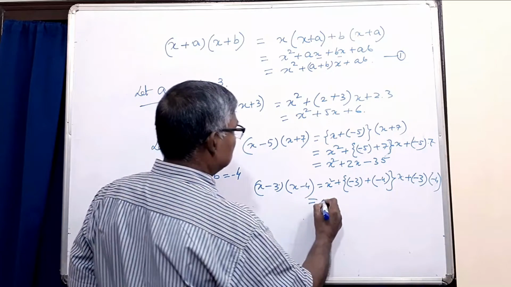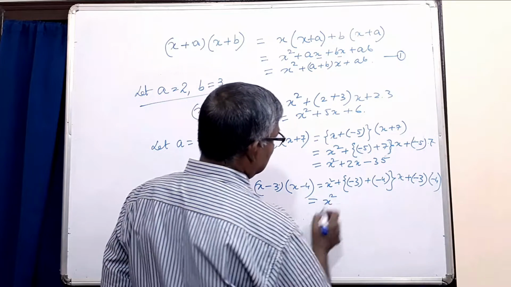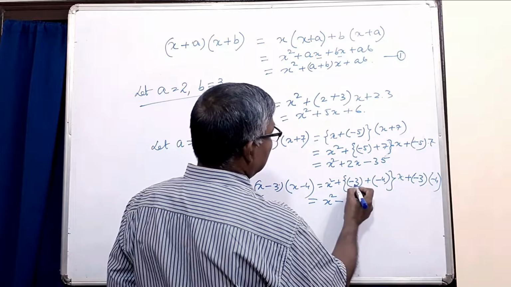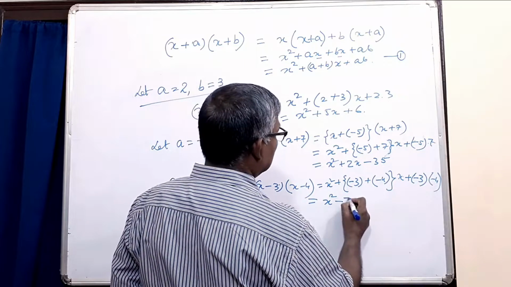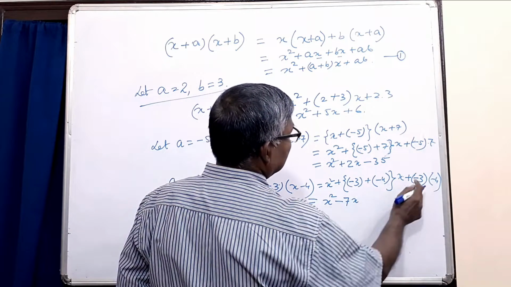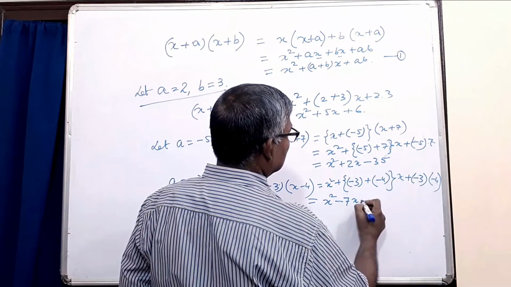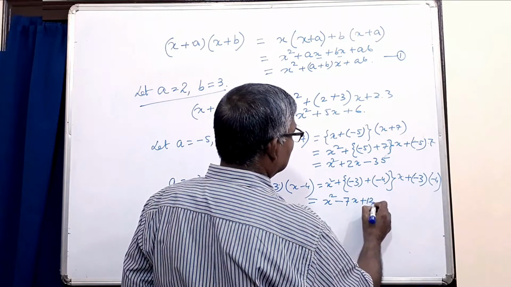So here, x square, minus 3 plus minus 4 means minus 7x. Here minus 3 into minus 4 means plus 12.